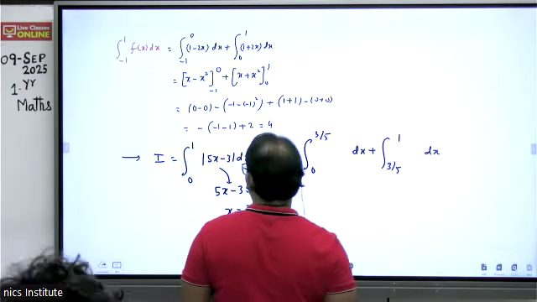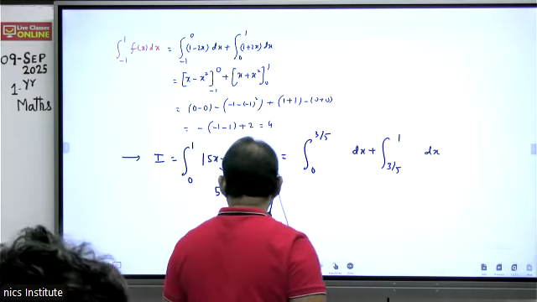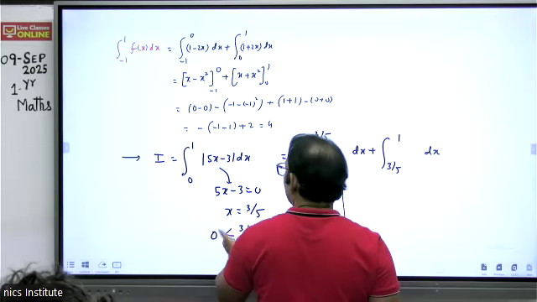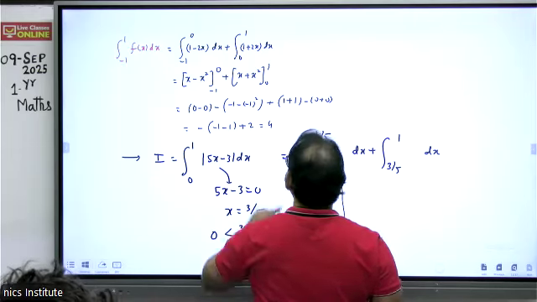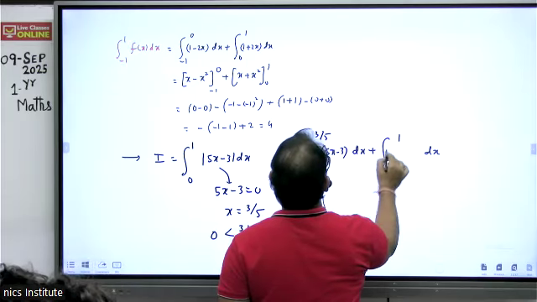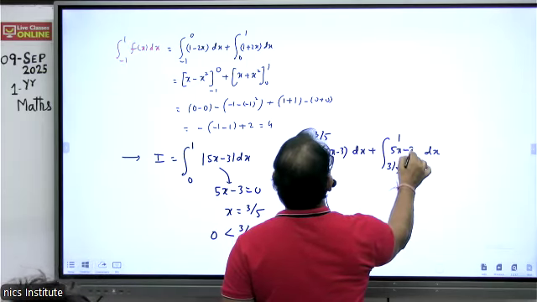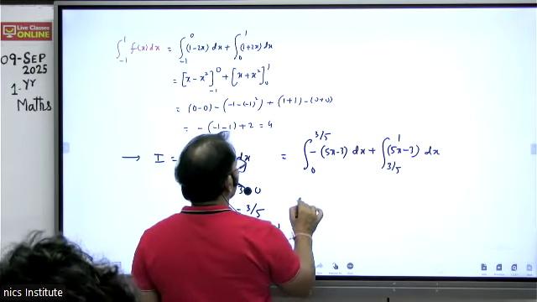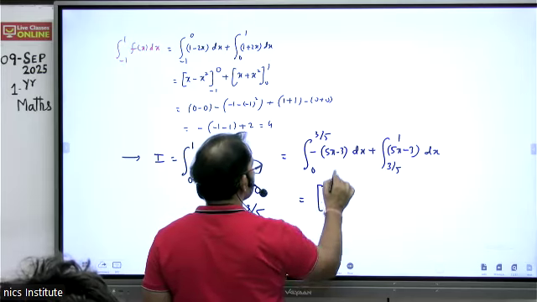Now take any number between 0 and 3 by 5. 3 by 5 is 0.6, so you can take 1 by 2. If I substitute 1 by 2, it will be a negative number, so you put a negative sign here. The second part will be positive, and then you integrate. So avoid silly mistakes.